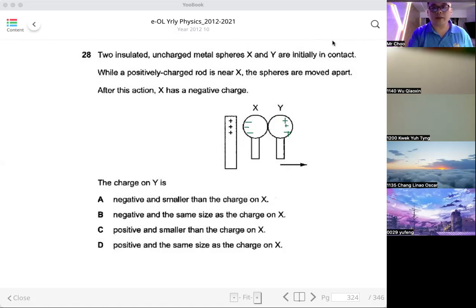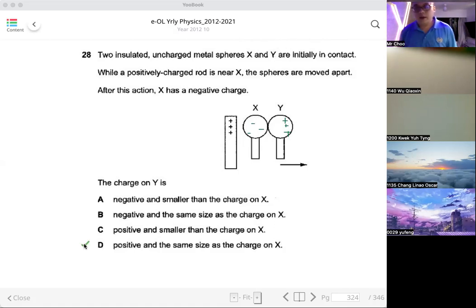What do I mean by that? Once you move them away, the 3 negative will spread out, and then the 3 positive here will spread out as well. So the answer for this question is D. Well done. All of you got it correct.